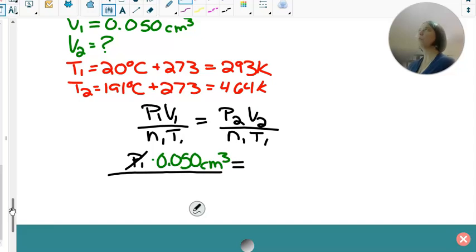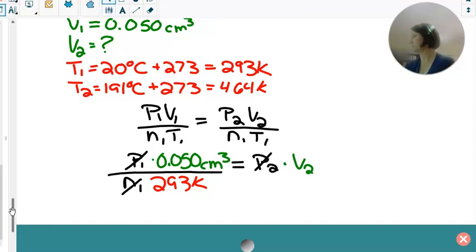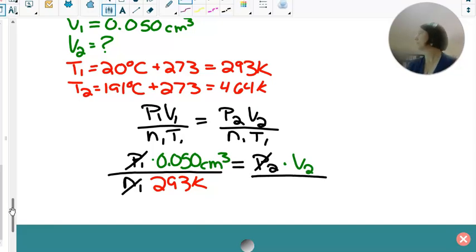Are the number of moles in that bubble going to be the same inside and outside of the oven? Yes, it is. And then the temperature we know is going to change. So the original temperature is 293 Kelvin, and T2 we know. V2 is what we're solving for.